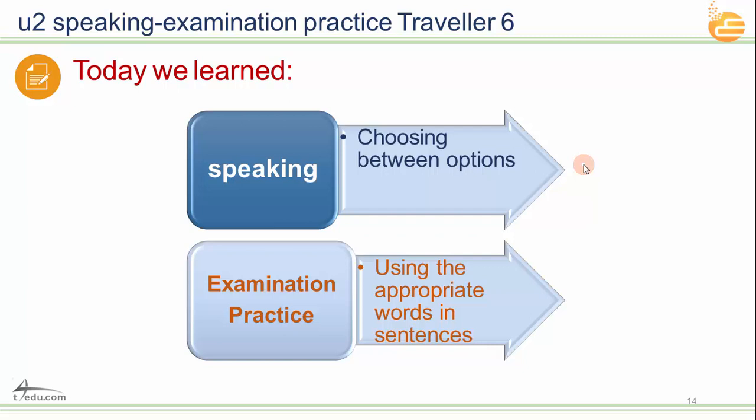Whether you choose the far right or the far left, or you stay in the middle, you have to form an opinion and defend it, support your opinion with examples, and be convincing. That is how we choose between options and convince others. Also, we have tried to use some appropriate words in sentences, which is good for you.